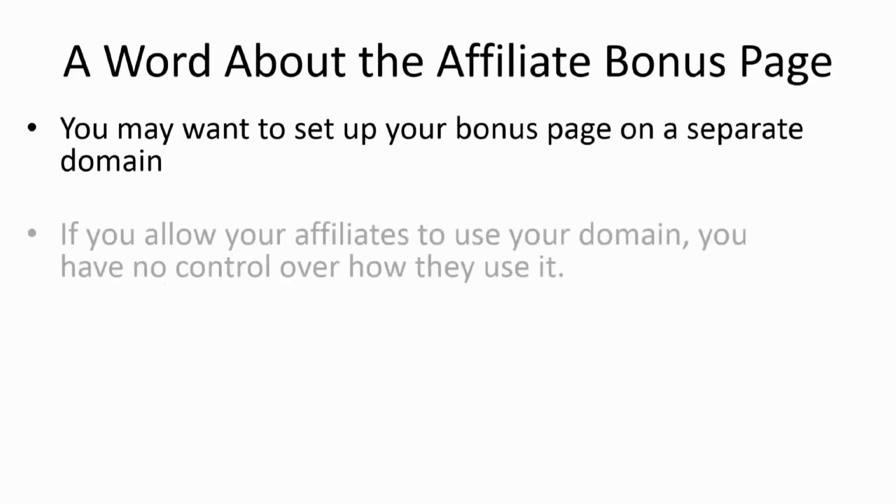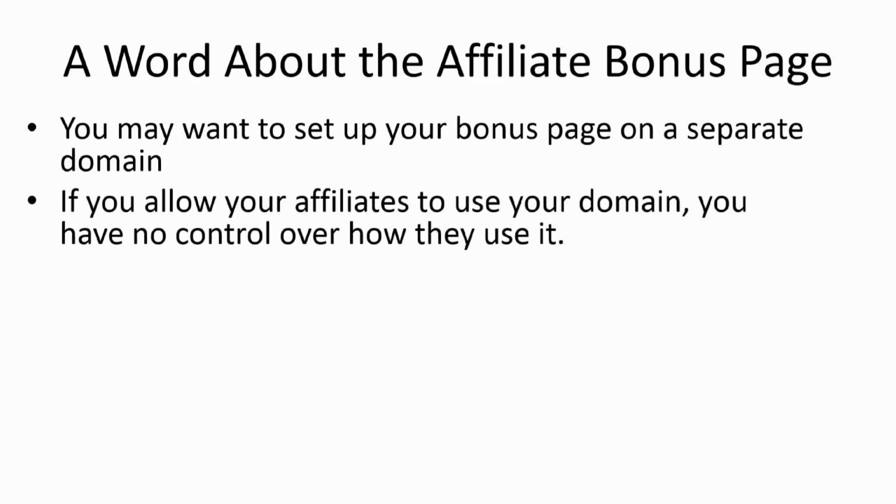And if you're going to allow your affiliates to use any one of your main domains, like your JV domain or even your product domain, let's say your product is going to be on one domain, delivered in subdirectories, you want to be careful about giving affiliates that domain to use their bonus page to promote your product. Because unfortunately, you don't really have any control over what they do with it.